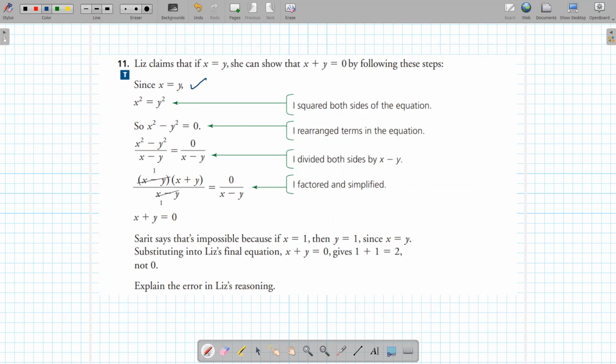So x is y, square both sides, good. Subtract y squared from both sides, good. Divide x minus y on both sides. That's good. Where do you think she's wrong? Because in this equation, if x was 1, y was 1, the answer would be 2, not 0.